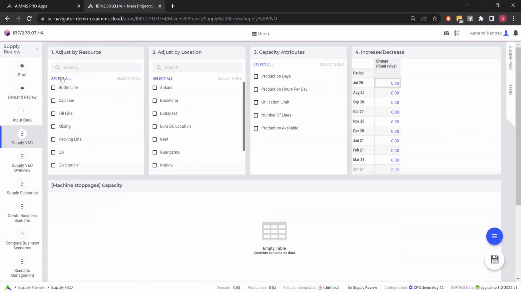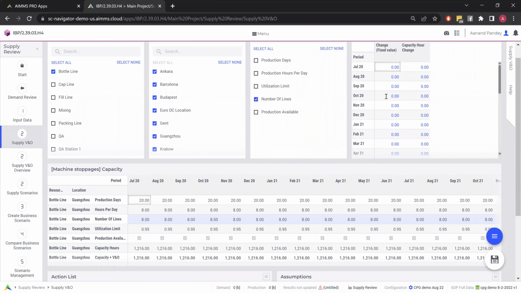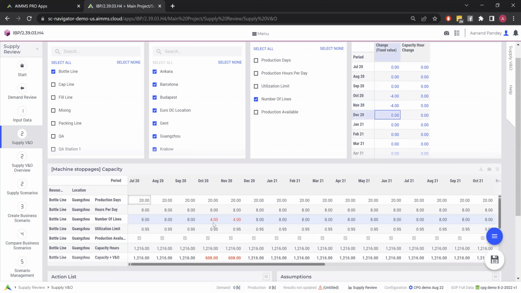So you can see each of these locations has around 8 lines available, but what we want to say is that I'll change the fixed value for a couple months by 4. So now the utilization or the capacity available has essentially been halved at these bottling lines at the different locations for these 2 months.